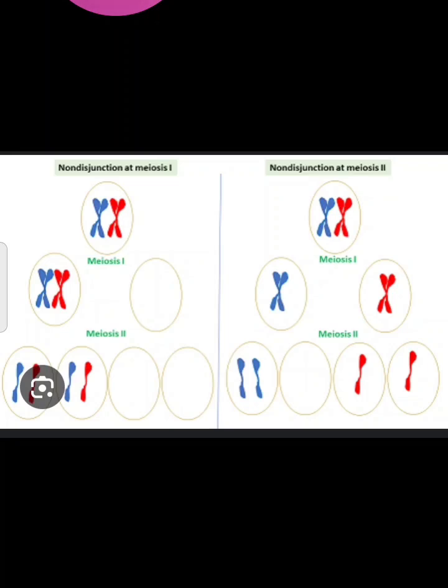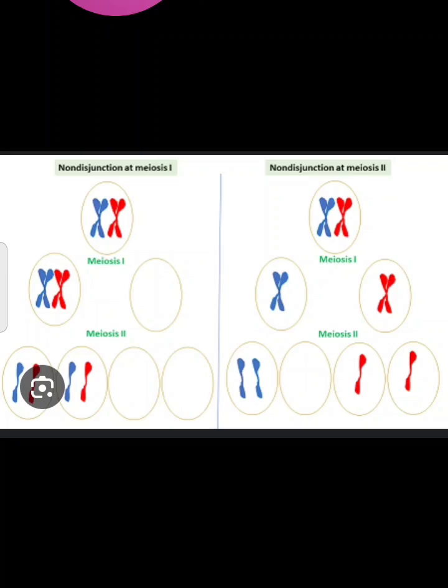If that is not occurring, that means two homologous chromosomes of the 21st go to the same daughter cell, that is a non-disjunction occurring in meiosis 1. So that cell has two homologous chromosomes of the 21st within the cell. That is not supposed to be. They are supposed to go to two daughter cells in meiosis 1. So if that cell is viable during fertilization, there is a chance of the fetus having 3 copies of the 21st chromosome. That is one method.